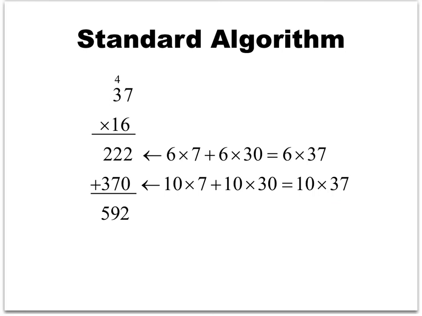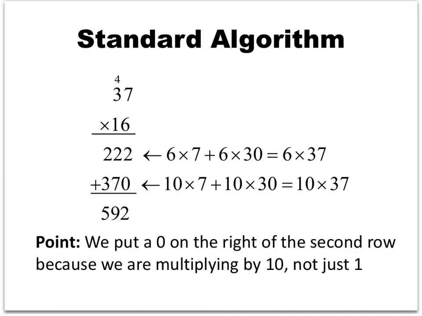Now, what's important here is that in this second step here, we're multiplying by something that ends in a 0. So because that ends in 0, we're going to have a 0 in the ones digit of that second step. So here's the point: we put a 0 on the right side of the second row in this standard algorithm because we're multiplying by 10, not just a 1.